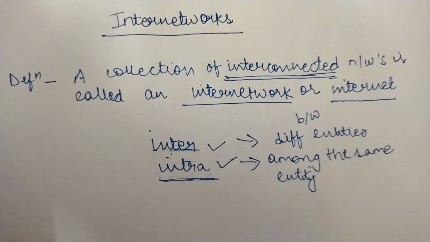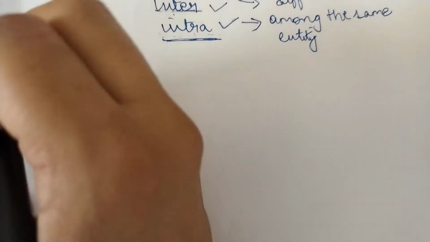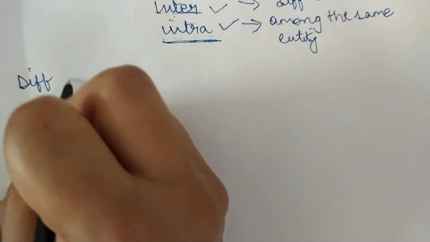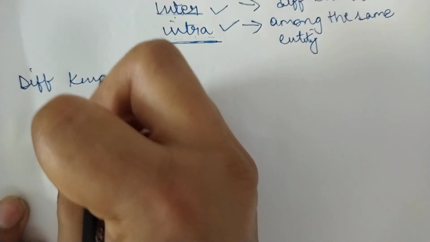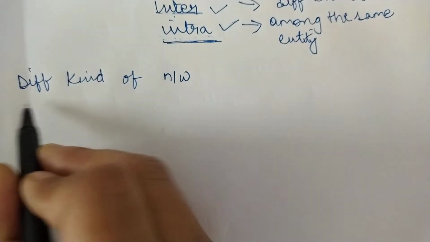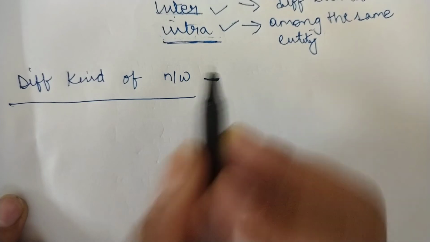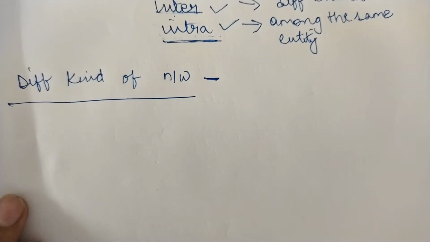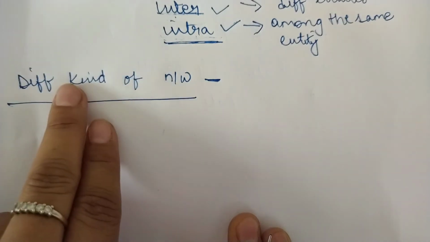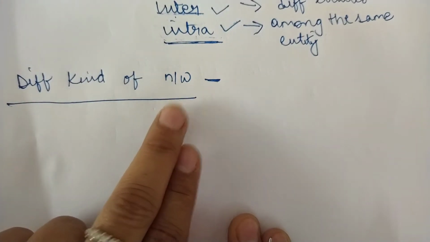Now what do you mean by different kind of network? When I say different kind of network, the first question that arises in your mind is what is the meaning of different kind of network here?